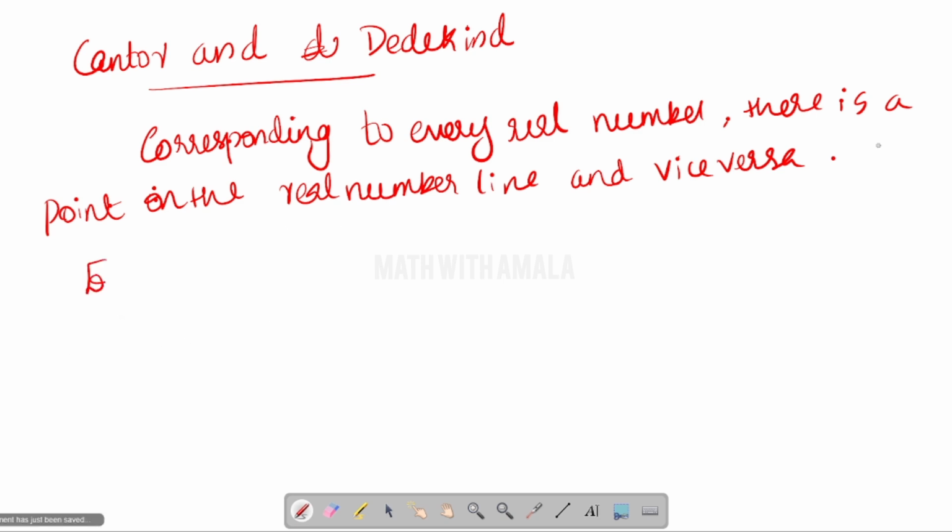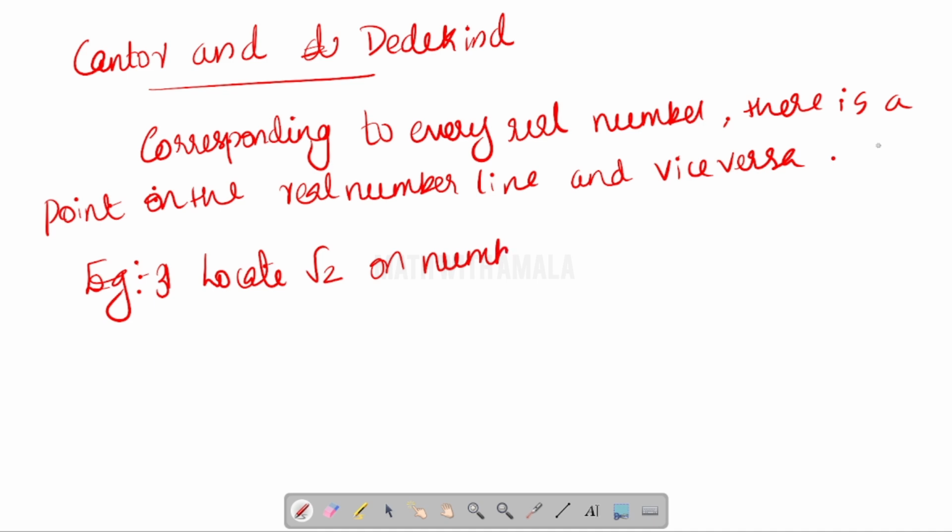The vice versa is also true. That means if you take any point from the real number line, you can find a particular real number corresponding to that point.